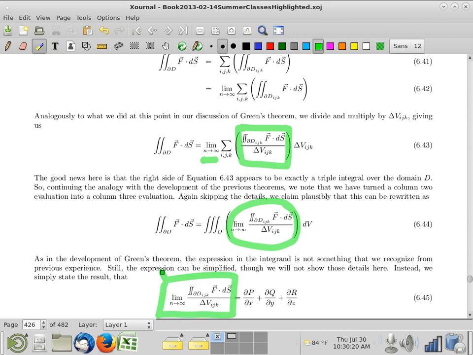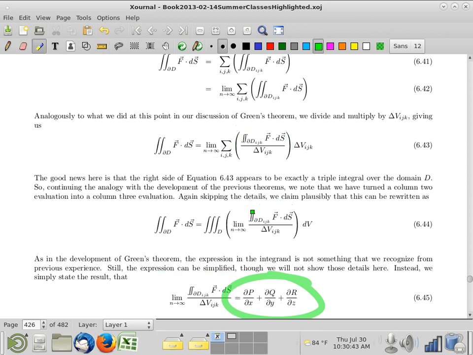But the good news is, just like with Green's theorem, even though it's not previously familiar, it's still computable. And there's a bunch of details that go into this that I'm not going to bother you all with. They don't go to intuition as I see it. And so I'm just going to tell you what the formula is, and here it is.